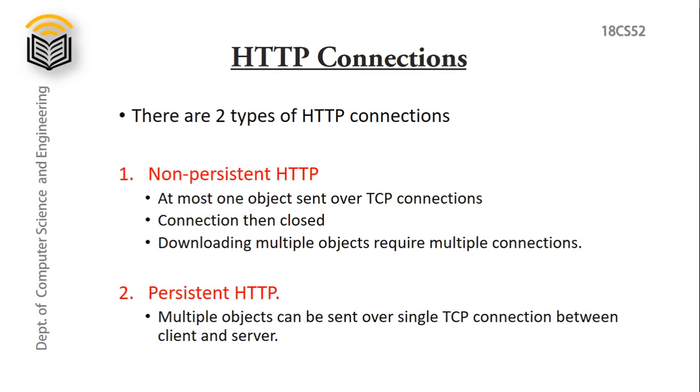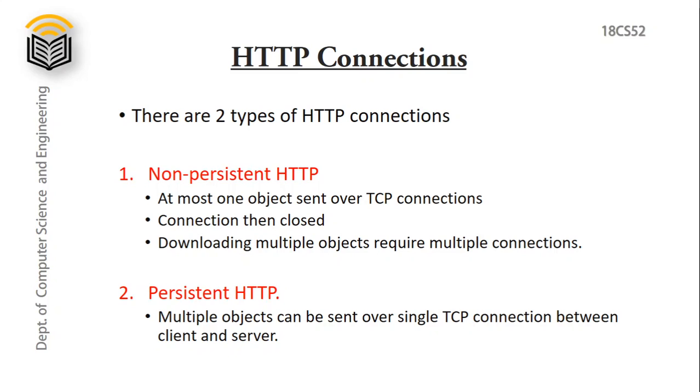HTTP connections. There are two types of HTTP connections. The first one is the non-persistent HTTP connection and the second one is the persistent HTTP connection. In a non-persistent HTTP connection we send only one object over a single TCP connection. Once the data is exchanged, the TCP connection is closed. Downloading multiple objects requires multiple TCP connections.